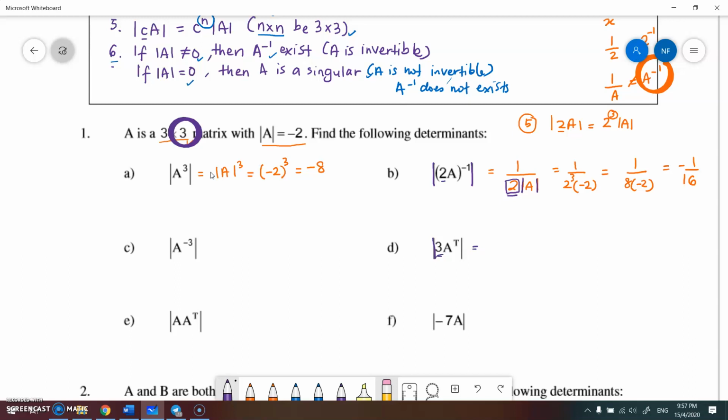We want to take it out, so 3 to the power of 3. Determinant A transpose is equal to determinant A. So 3 to the power of 3, 27 times negative 2, negative 54.